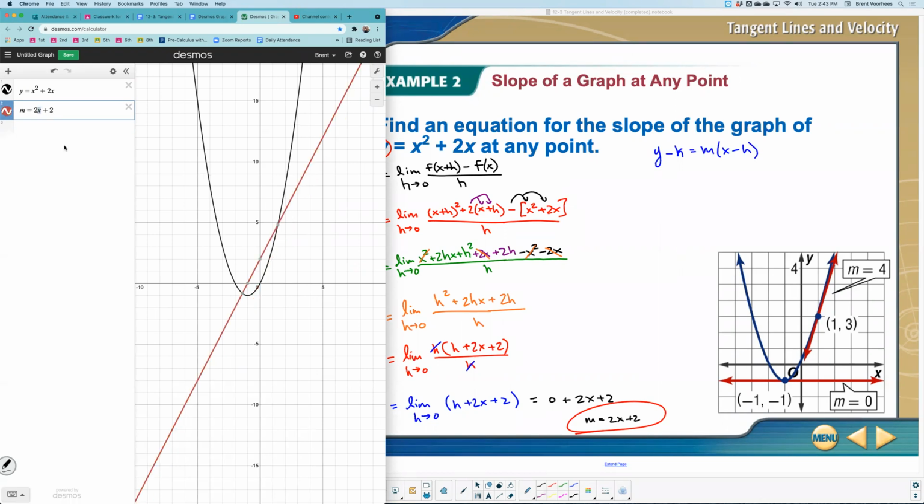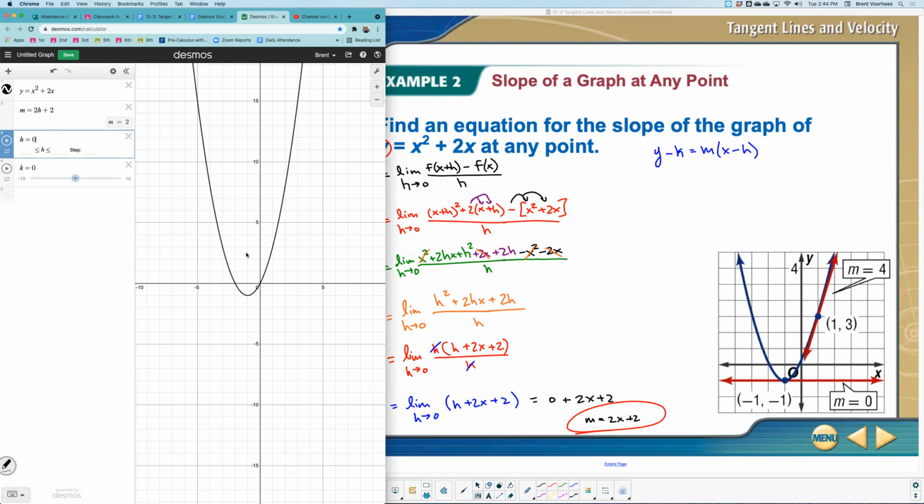But here's what I'm going to do. I'm going to substitute an h in here, and I'm going to get two variables, h and k. To make it a slider, I've got to say h equals 0, k equals something. So what I have in here is the slope, but instead of using the value x, because x is reserved for the x-axis, I'm going to use the letter h.